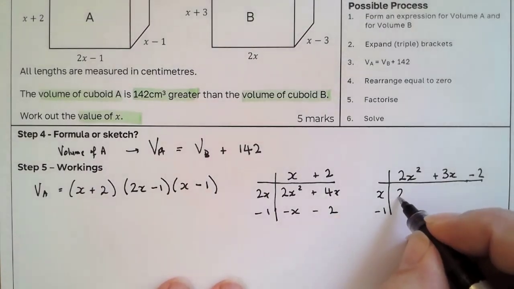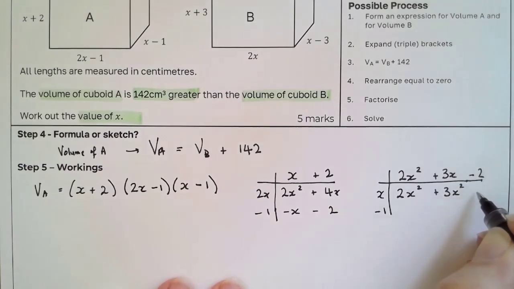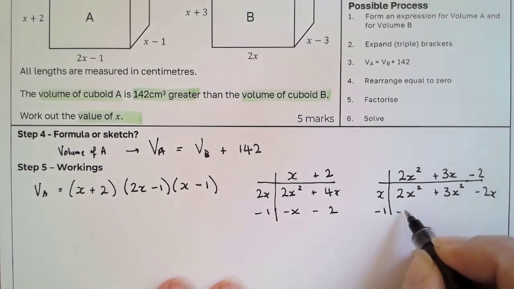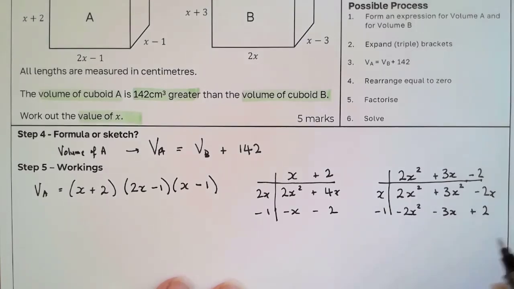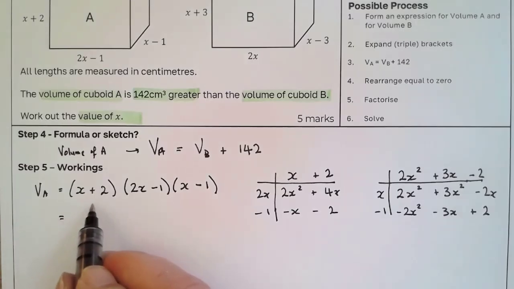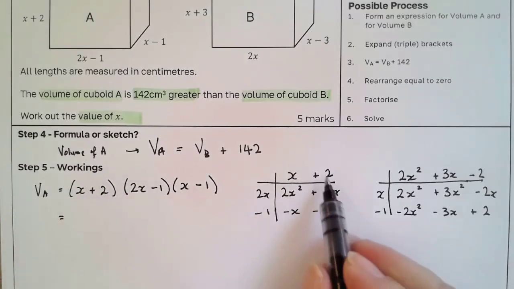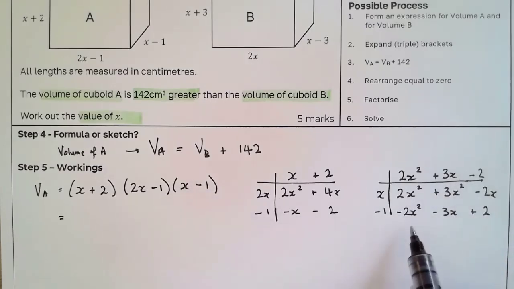So I'm going to expand this, and rewrite this over here. The volume of A is these two brackets, which is this, multiplied by this bracket here.